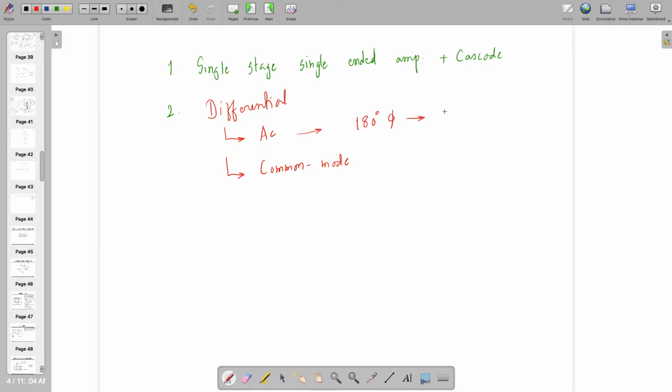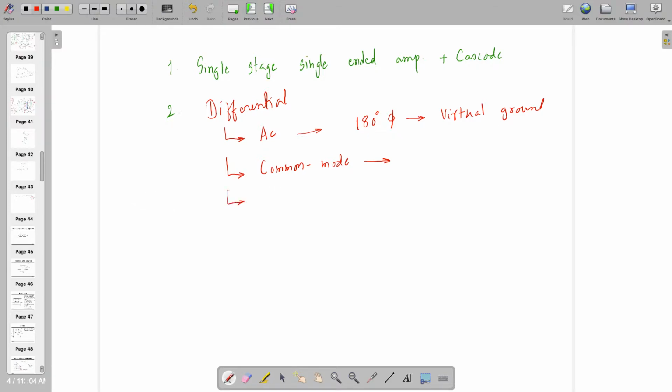Because of that, we found that there is a virtual ground. Here there is no virtual ground in common mode, and you can find it by keeping the respective transistors in parallel, right? Because when we are giving two inputs the same, there are some nodes where the voltage is the same, so you can short them.